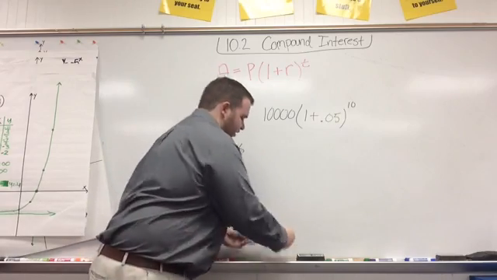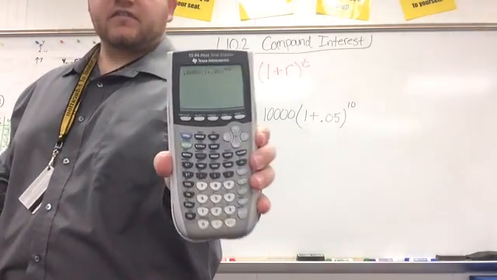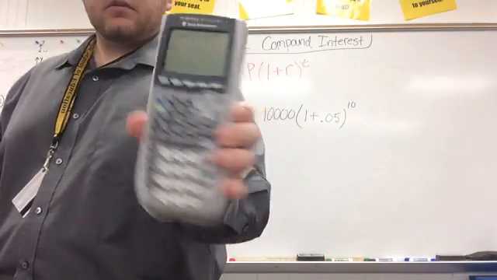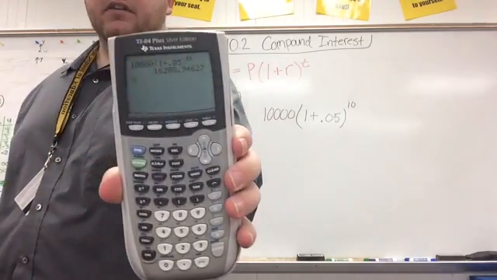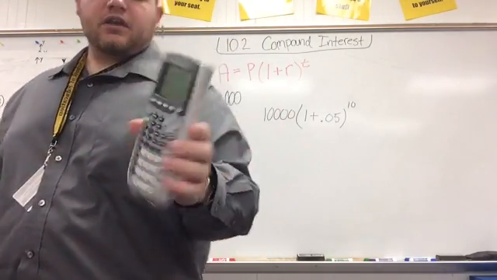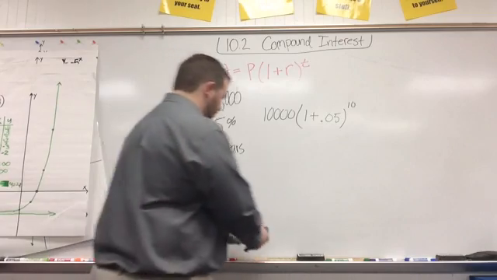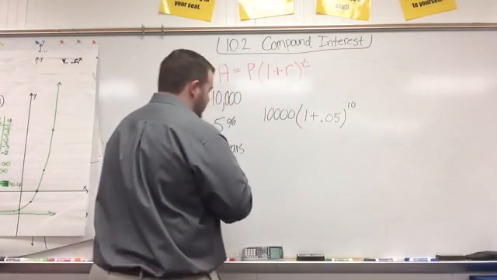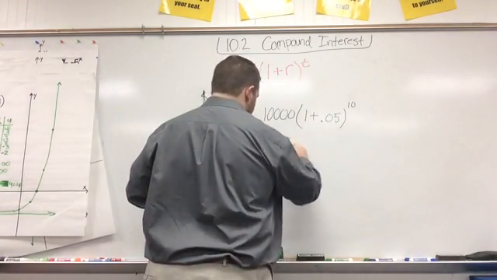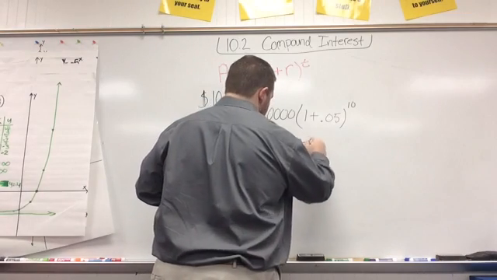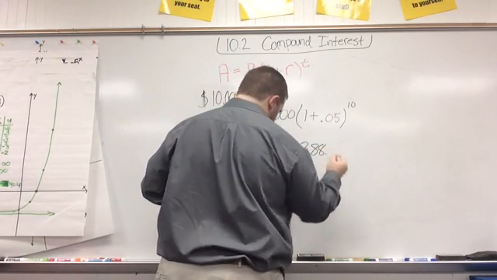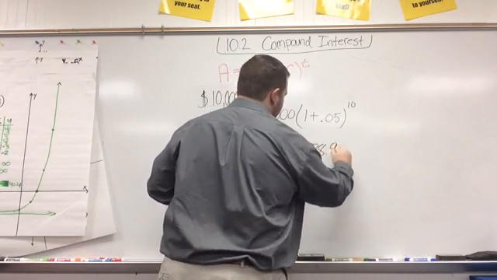And so when we type it in our calculator, again, it's going to look something like that. We hit enter, and that's what we get. And now since we're dealing with money, we have to round to the nearest cent. So it's going to be $16,288.95.